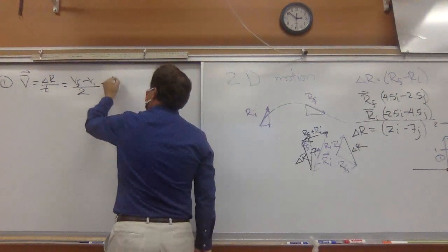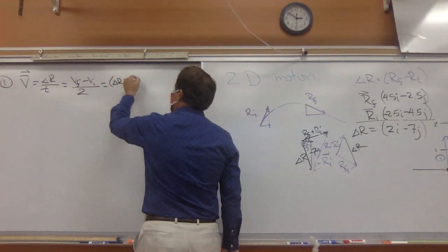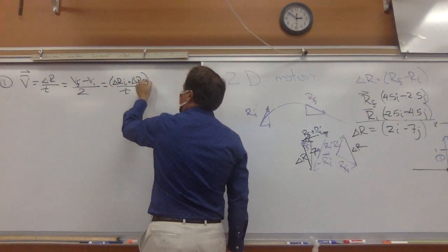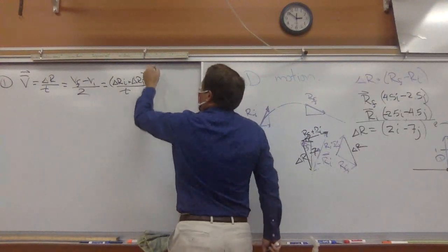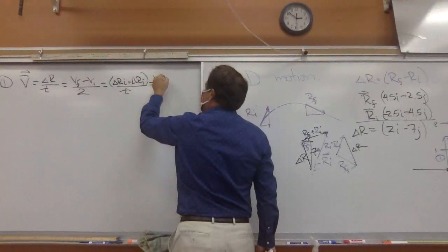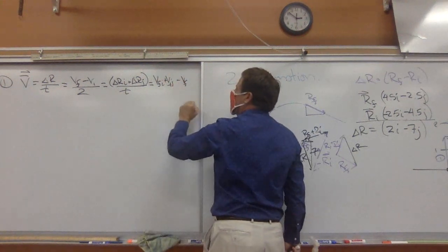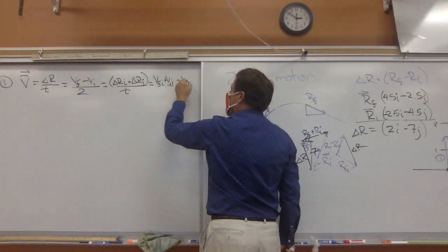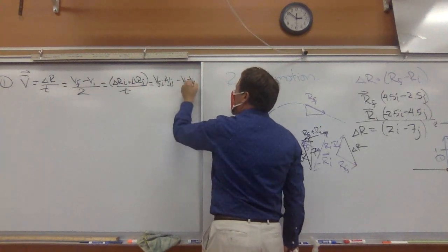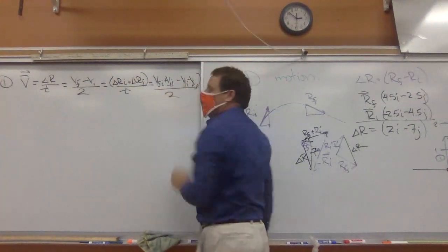So we could say delta R in the I direction and delta R in the J direction over time, which would be equal to V final in the I plus V final in the J minus V initial in the I minus V final in the J, all over 2.